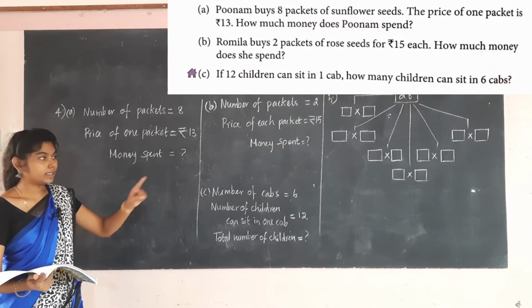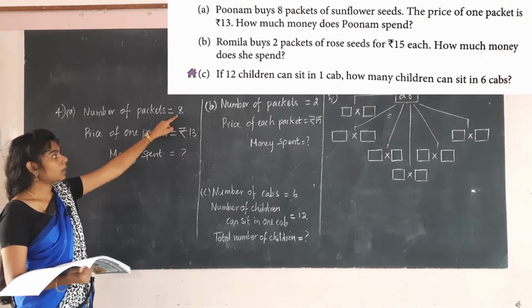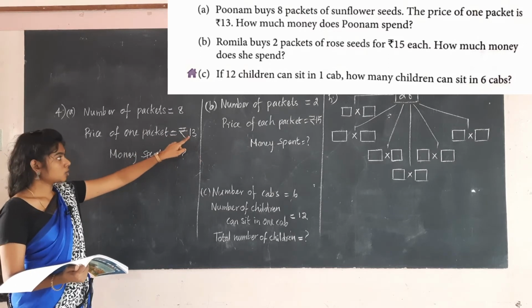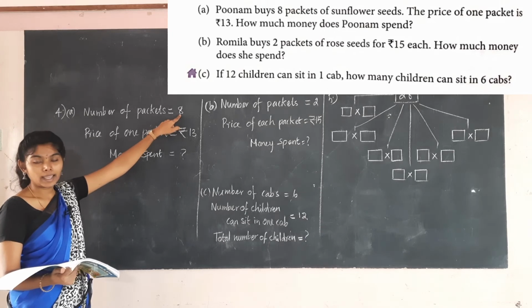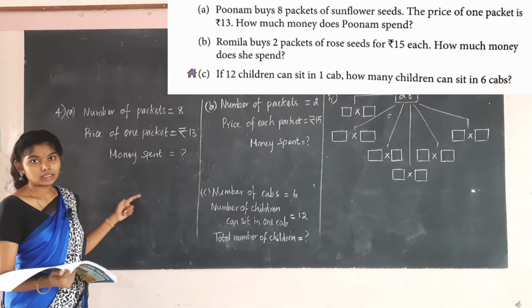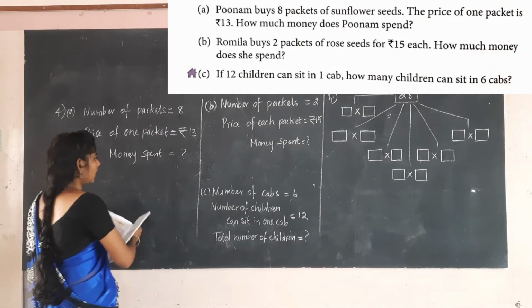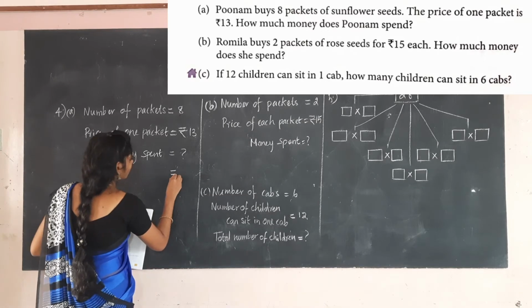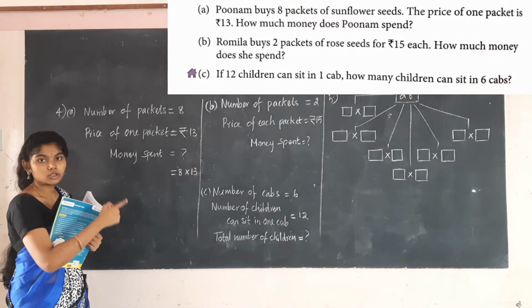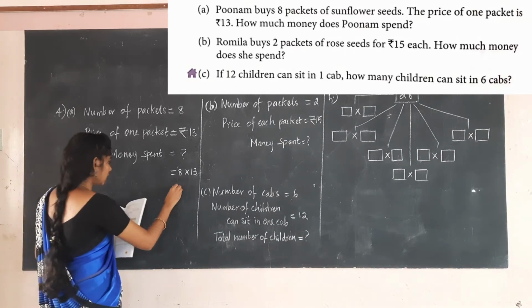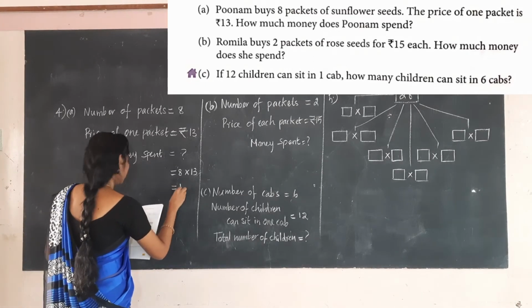One packet is 13 rupees, so for 8 packets, how much will the cost be? One packet is 13 rupees, and there are 8 packets. To find that, write 8 into 13. You know the tables of 13, so 8 into 13 is 104.